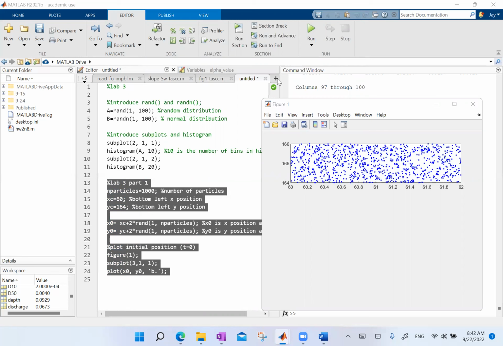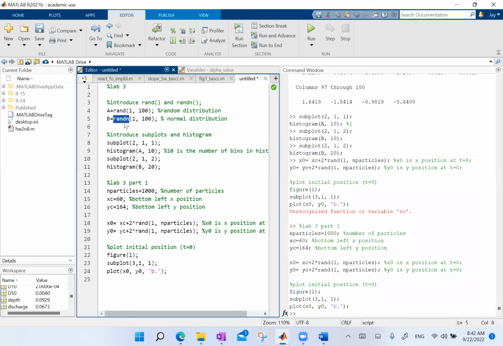All right, here's a question. MATLAB does not recognize my B. Let's see, Marcus, did you have a randn?